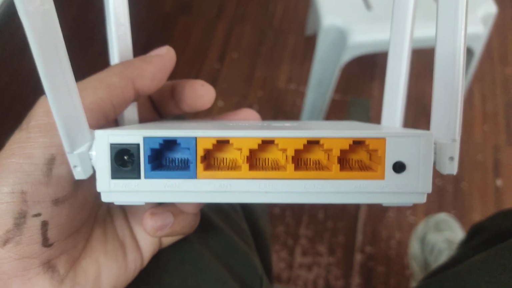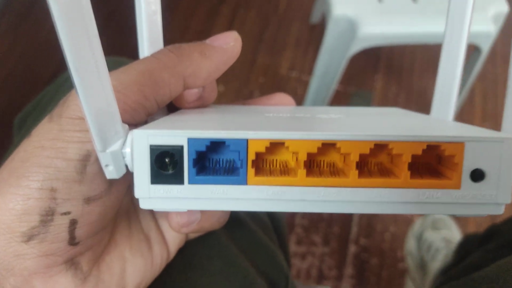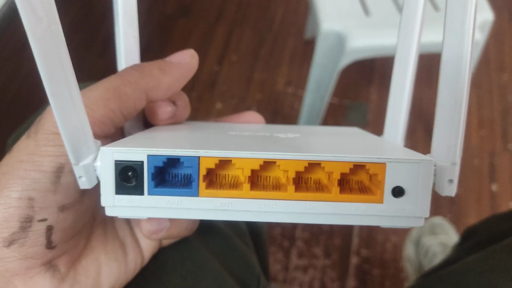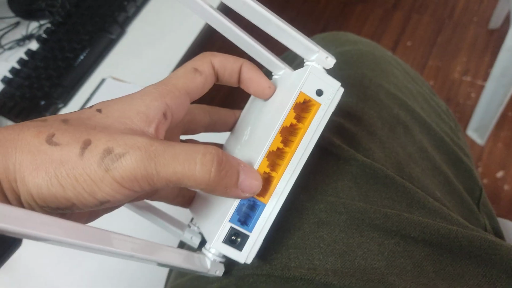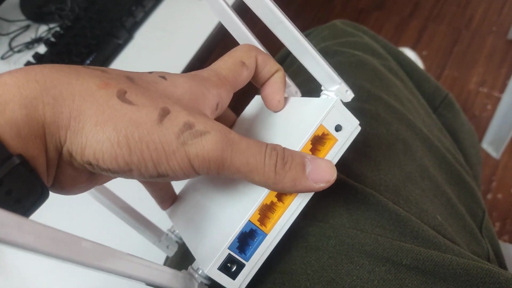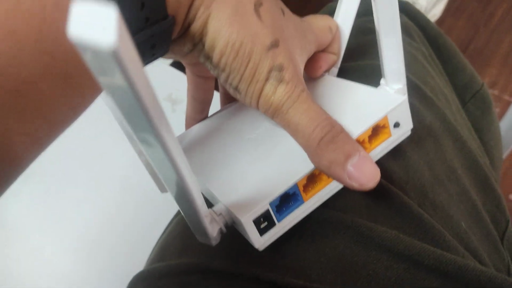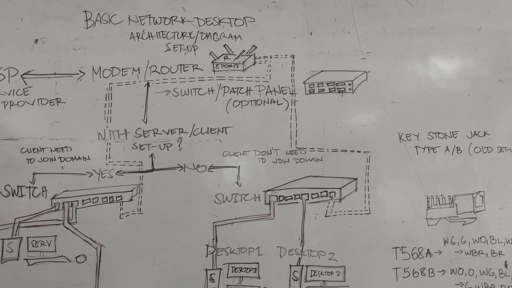It will take 1 port from our switch going to 1 port of the router. This LAN 1 going to our switch will then serve 7 connections available on our switch. So that is why in this setup we have a switch or patch panel.